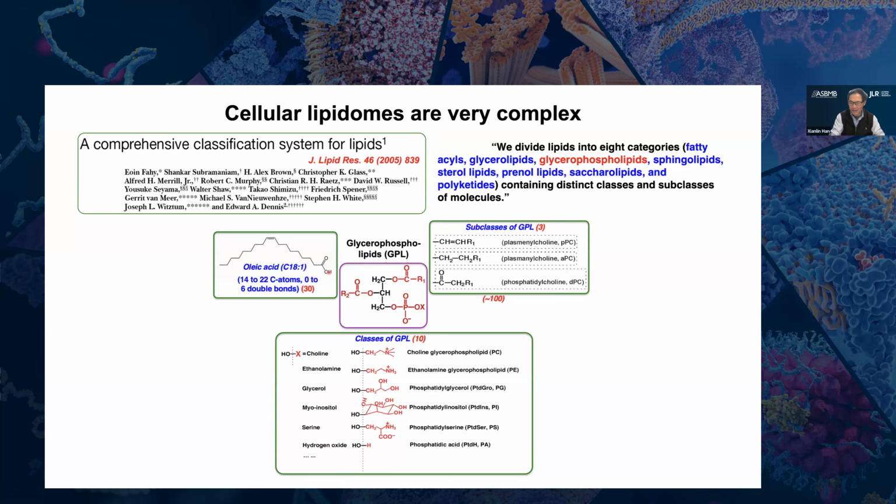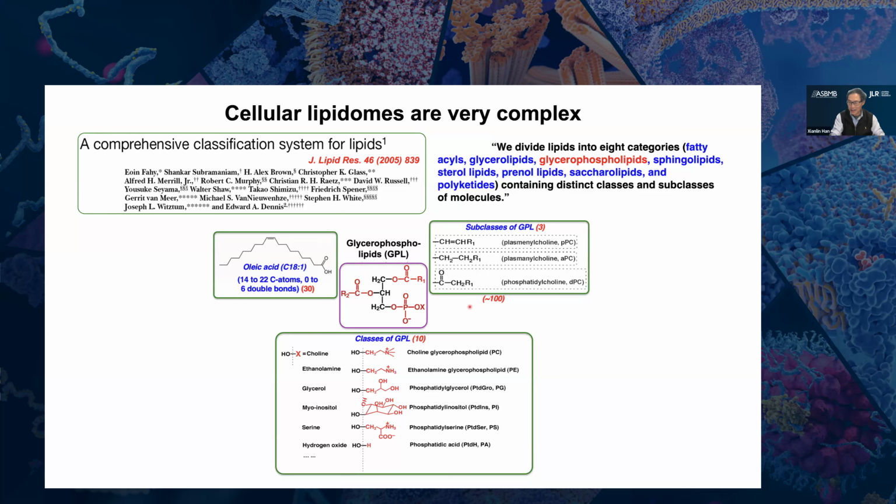In addition to this third type of aliphatic chain, it also has 3 different connections: vinyl ether and ester linkages. So you can easily calculate that this category of lipids contains at least 30,000 species. Really it is much more than that, so it's a big number.